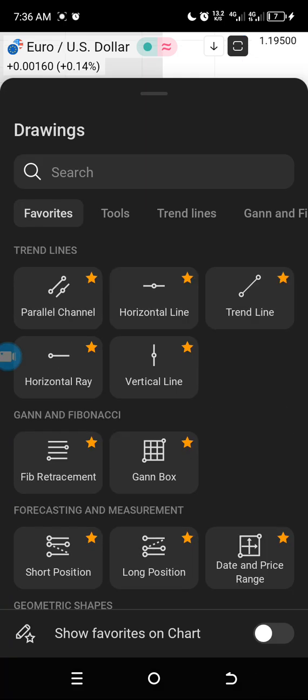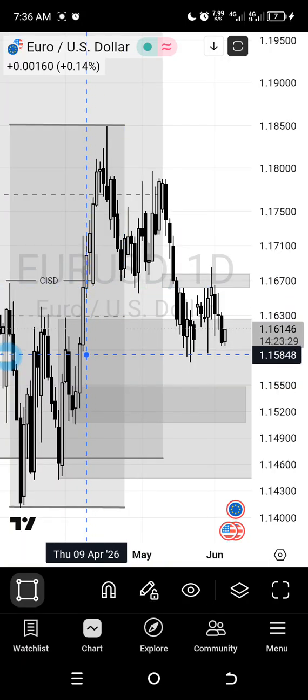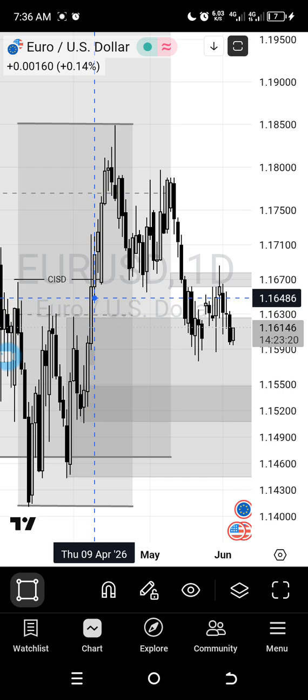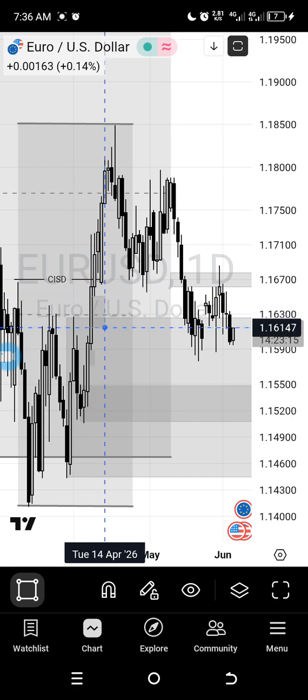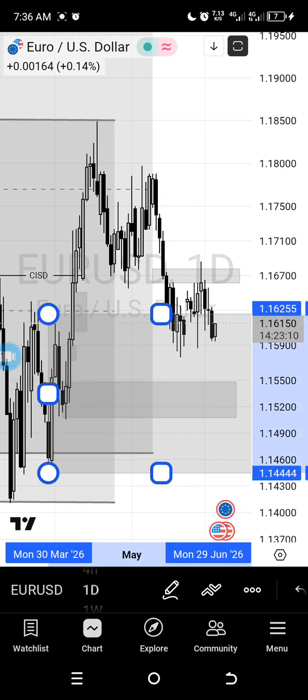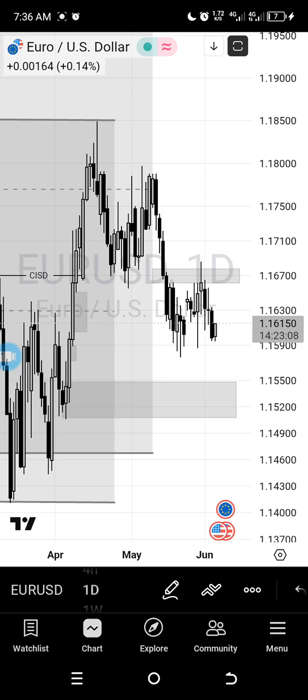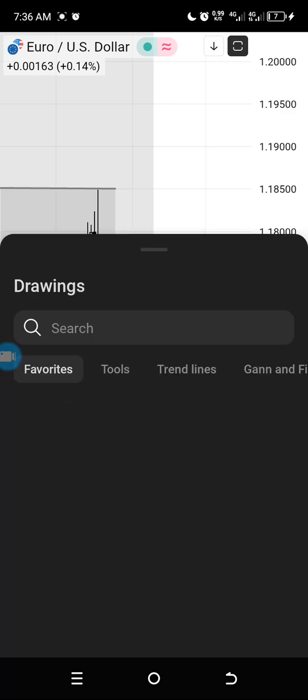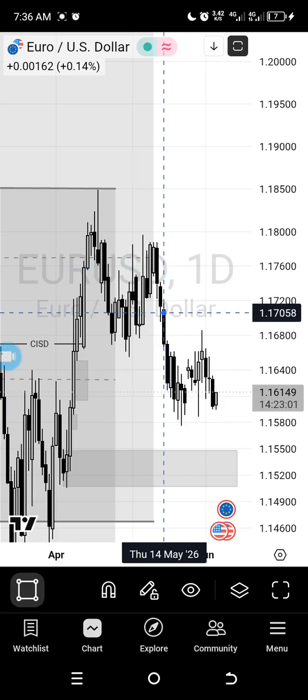And we got this fair value gap. Also got this fair value gap. Also got this fair value gap.